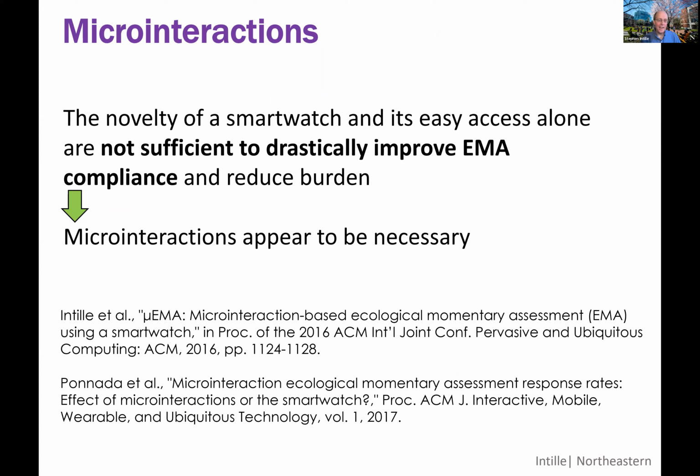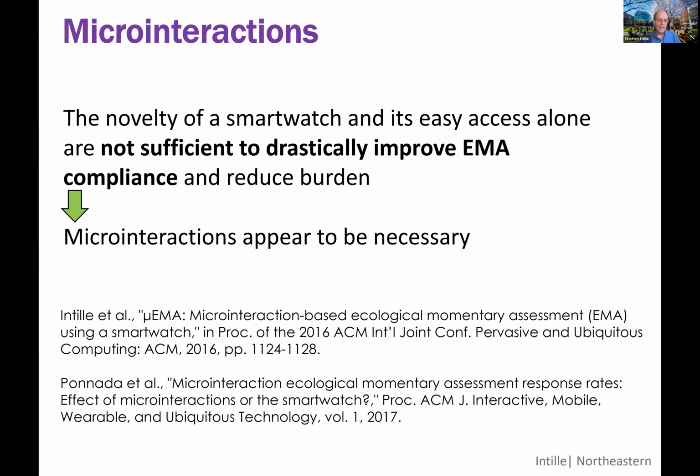But in a given month, every day they had end of the day EMA diaries. They also had 4-day burst periods in each month where they did hourly EMA surveys. And then the entire time they were awake, on the days when they weren't doing the EMA surveys, they had micro EMA for up to 4 times per hour.